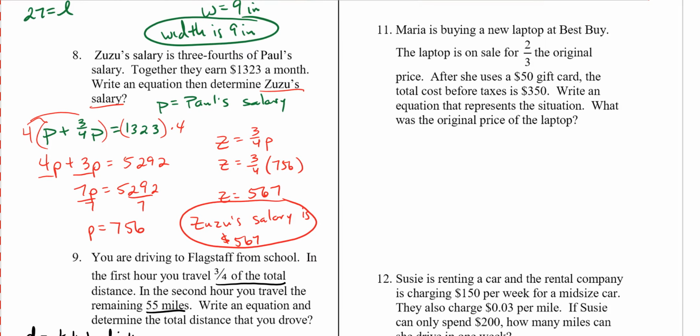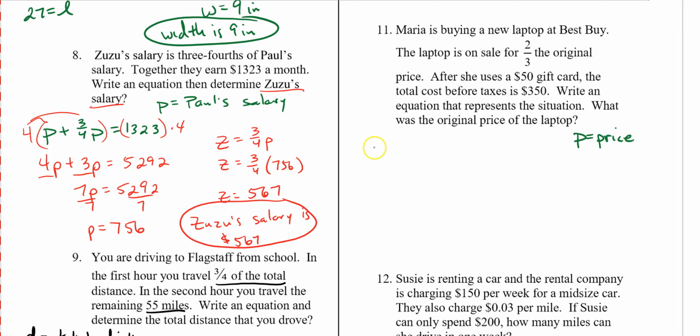Number 11, Maria is buying a new laptop at Best Buy. The laptop is on sale for 2/3 the original price. She uses a $50 gift card, and the total cost before tax is $350. Write an equation, and then find the original price of the laptop. So again, set up a variable. I'm going to say that P is the price.